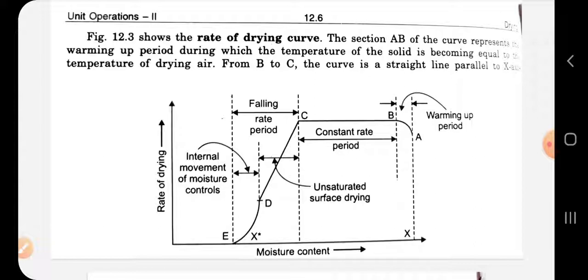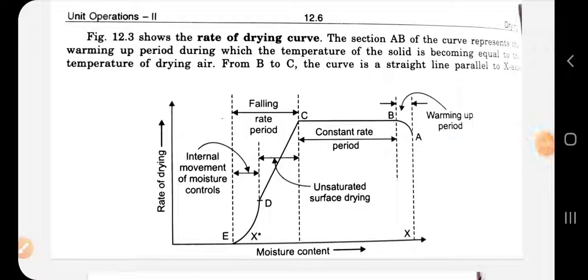Moving ahead, from point C to E is the falling rate period. This falling rate period is classified into two parts, from point C to D and point D to E, as the first falling rate period and the second falling rate period.